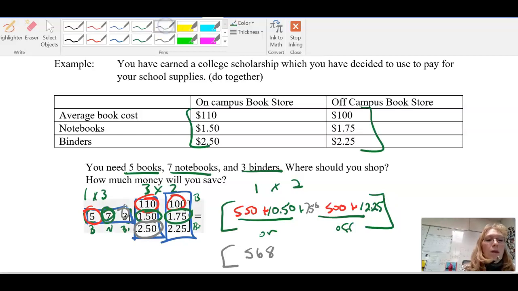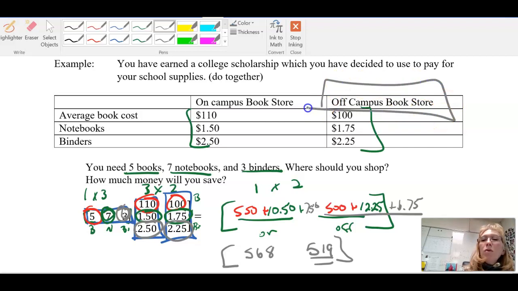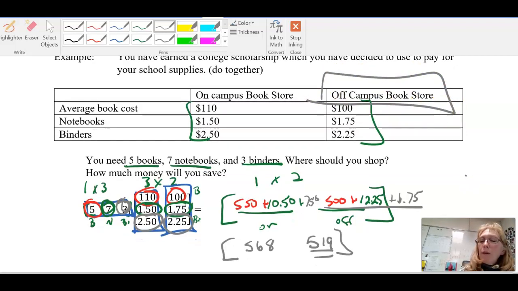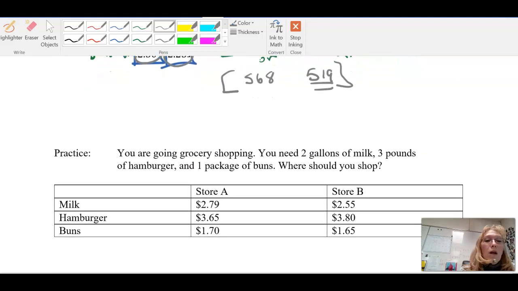Plus 3 times $2.25, which is $6.75. Okay, add these up: $519. So according to this, you should shop at the off-campus bookstore to save the most money. Hope you did a good job.